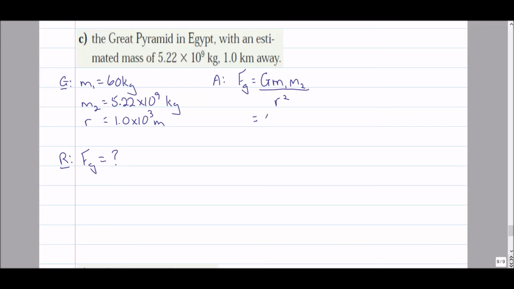So now I've got 6.67 times 10 to the power of minus 11 newton meters squared per kilogram squared. I'm going to multiply that by 60 kilograms and again by 5.22 times 10 to the power of 9 kilograms. I'll divide that by 1 times 10 to the power of 3 meters, but all squared.